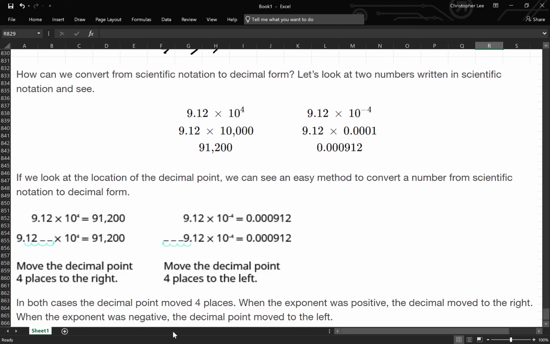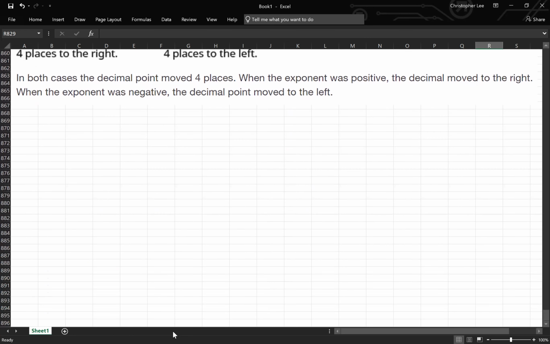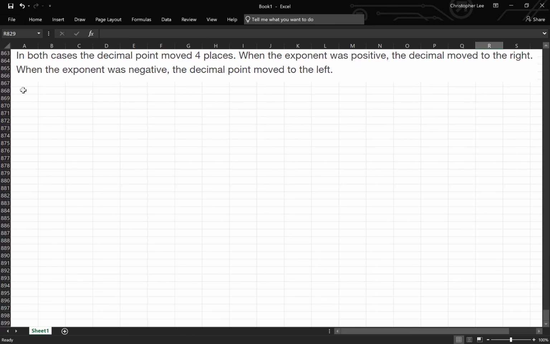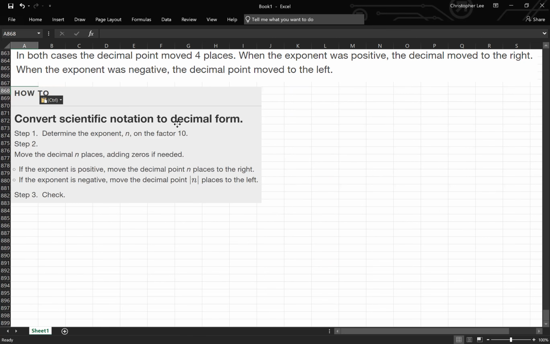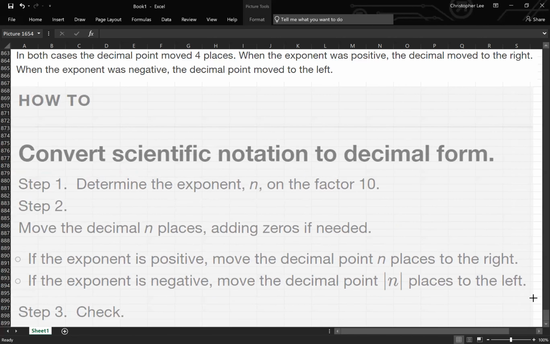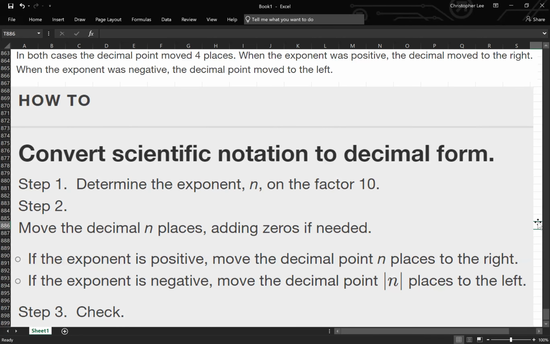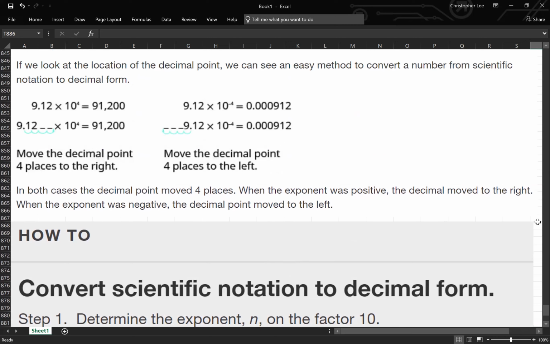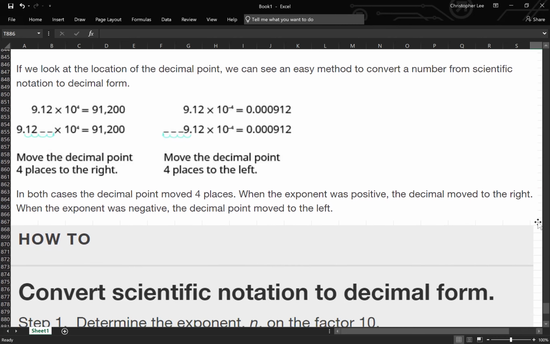Real quick though, before we actually get into an example, I just want to give y'all a little bit of procedure. This is just a little how-to. All right, so how to convert scientific notation to decimal form.